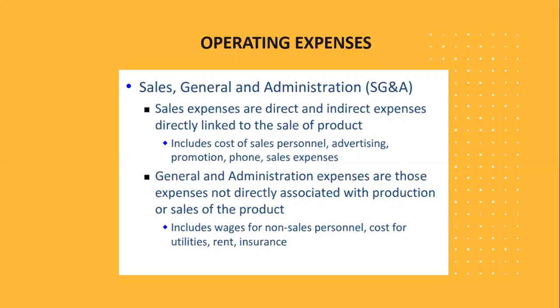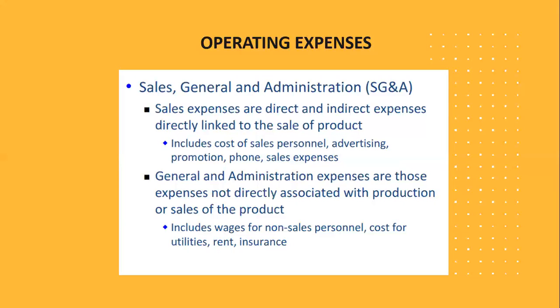All those additional people working for an organization come under the general expense category. Also, the cost of utilities, the rent expense, the insurance expense, all of those fall under the administrative expense.